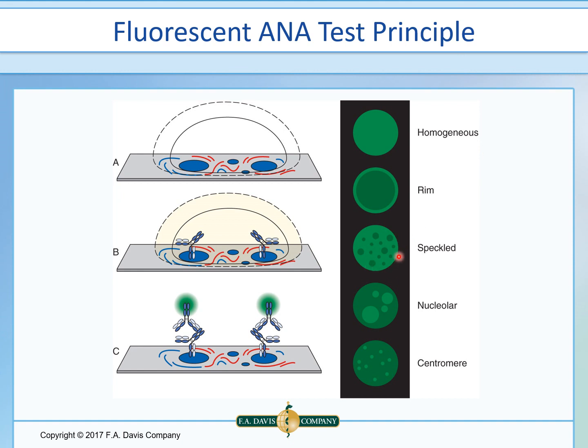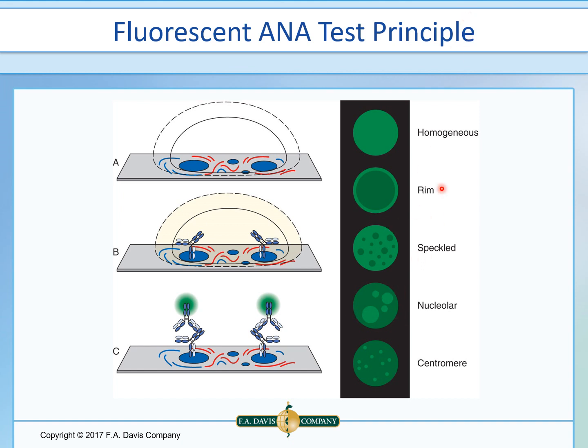The speckled pattern shows discrete fluorescent specks throughout the nuclei, and this is due to anti-ENA, and it's seen in patients with lupus, but also with other disorders such as scleroderma and other rheumatic autoimmune diseases.